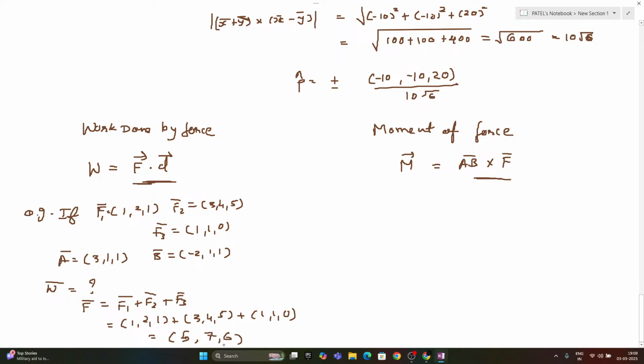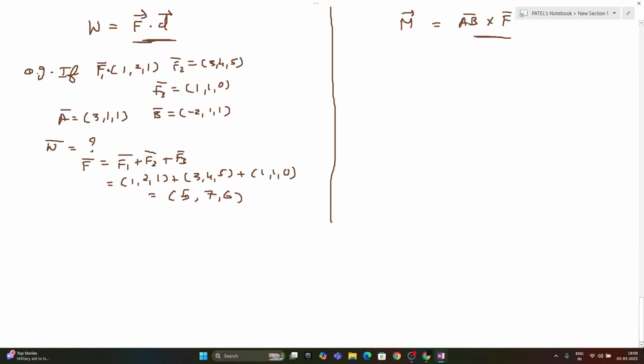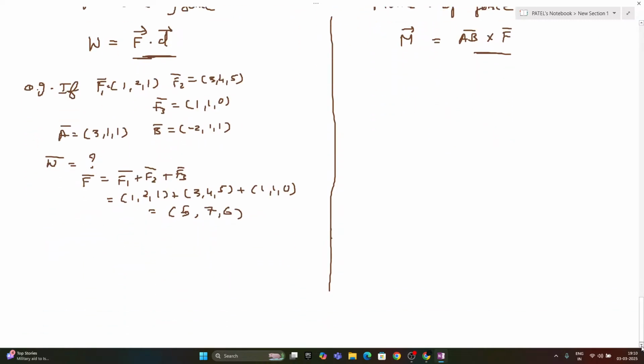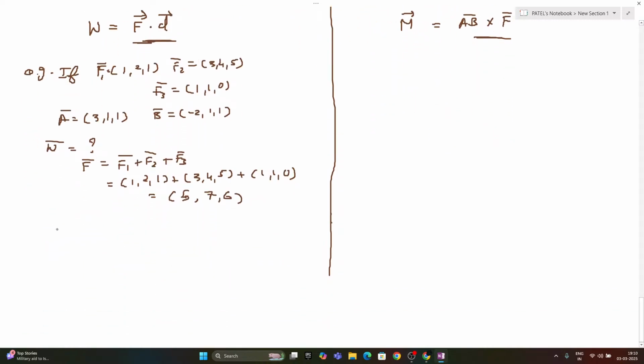And 1 plus 5, it is 6. Total force. Then for D bar, displacement, B bar minus A bar, positive difference. So minus 2, 1, 1 minus 3, 1, 1.